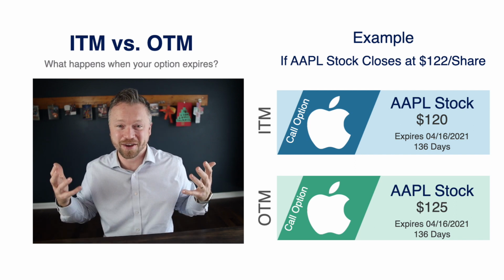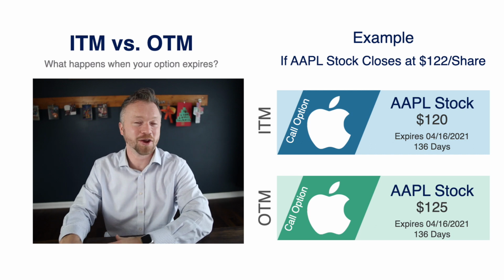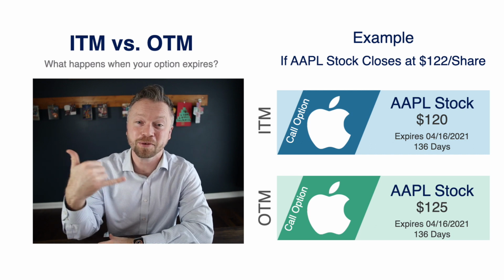If you don't have enough money in your account, you're going to be getting a phone call from your brokerage firm asking you to add extra money into your account to help pay for that stock, or they'll sell that stock eventually for you after X amount of days of holding it without you paying that extra money. It's considered a margin call, but hopefully you have the money in your account to buy those shares. Otherwise, you should have sold the options contract before it expired.